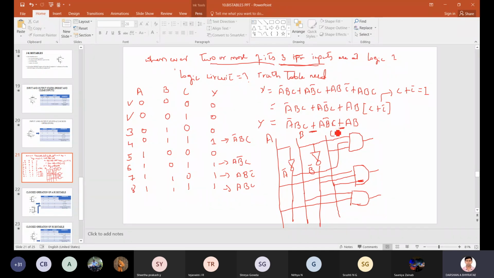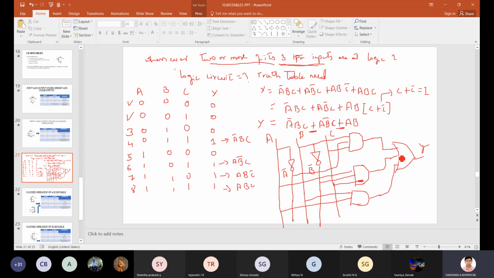For all these, the outputs of the ANDs, I have to connect to an OR gate. So this is my expression, this is my logical circuit.